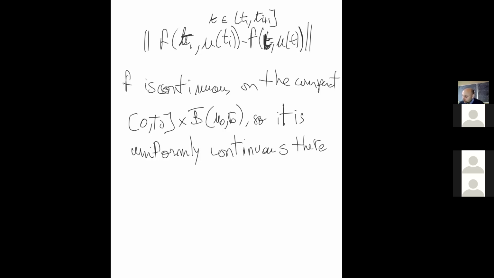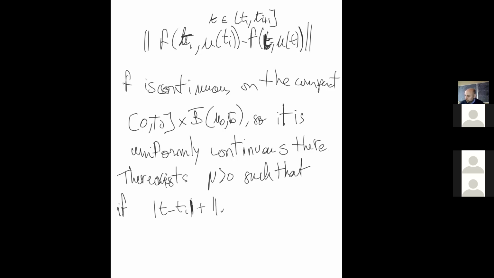So now, I was given an epsilon. So there exists a given mu such that if the norm here, so |t minus ti| plus ||u(ti) minus u(t)|| is less than mu, then the result is true.